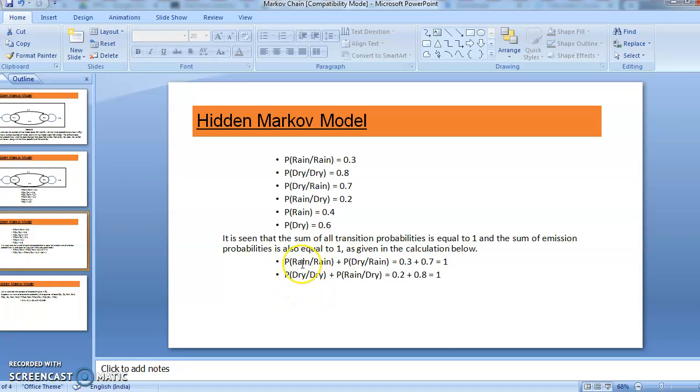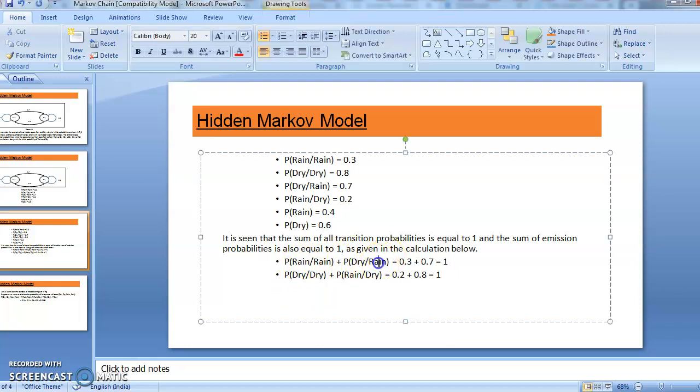Similarly, emission probabilities are always 1. State changes from rain to rain, and similarly from rain to dry, that is 0.3 plus 0.7, that is 1. Similarly, state changes from dry to dry and from dry to rain, so 0.2 plus 0.8, that is 1.